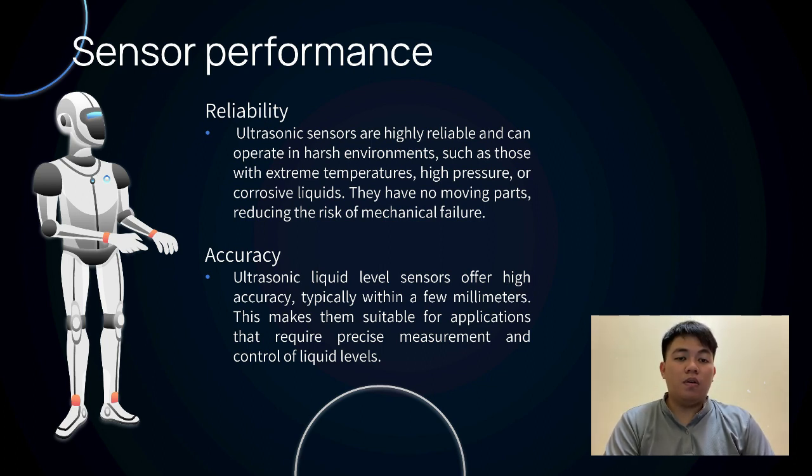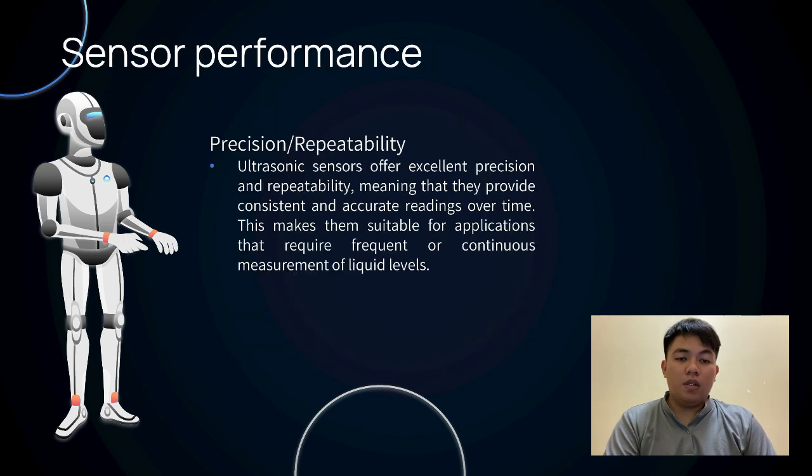The accuracy also is very high, typically within a few millimeters. This makes it really suitable for applications requiring precise measurement and control of liquid level. Ultrasonic sensors also offer excellent precision and repeatability, meaning that they provide consistent and accurate readings over time.